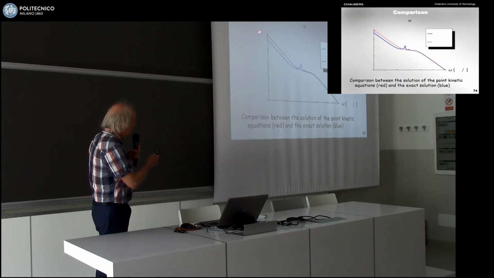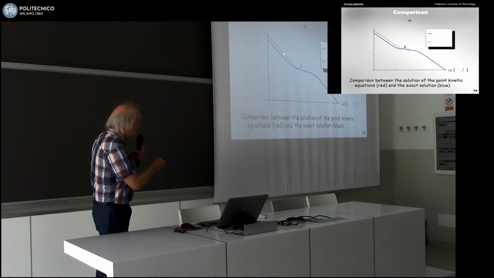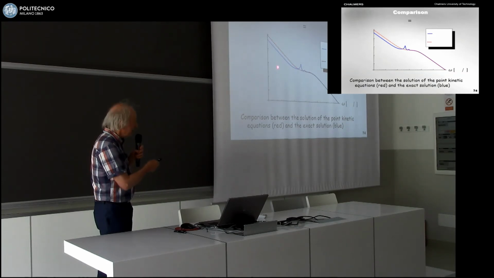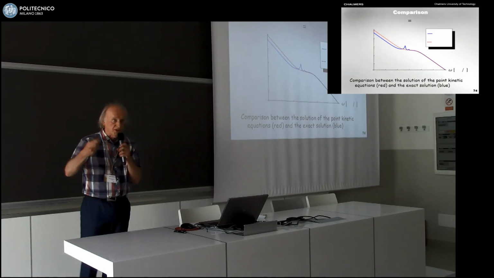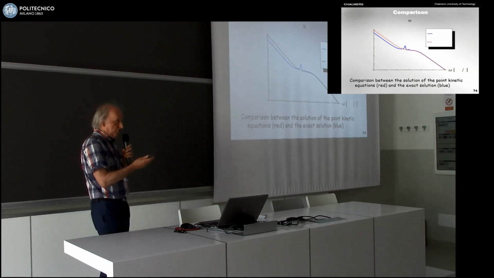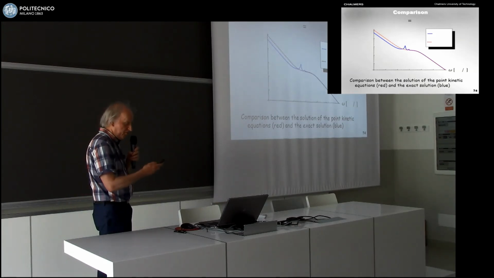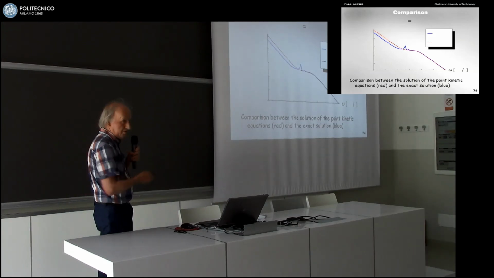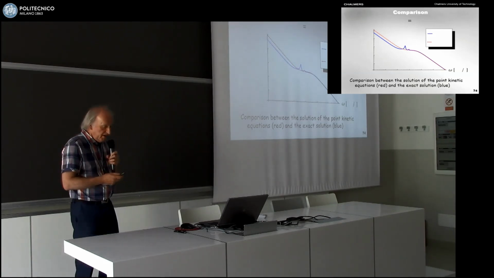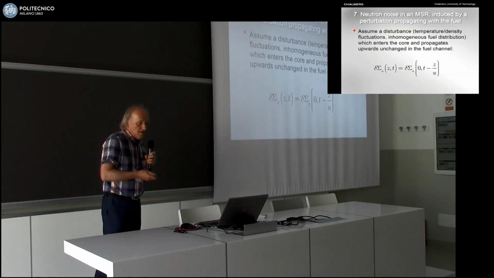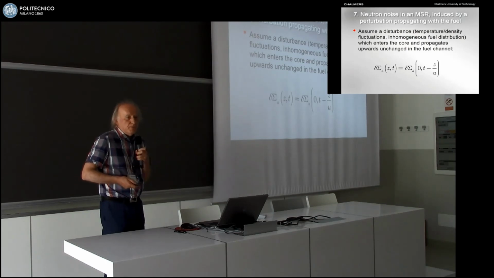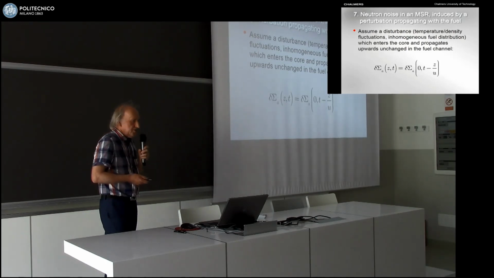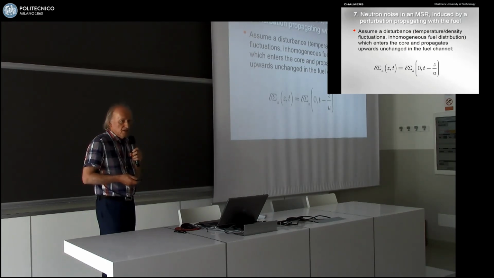Then one will get a behavior which is described by this dotted line. It doesn't account for those recurring peaks. Whereas if you solve the problem fully and then you make the projection, then it will give the correct solution. Now, the last thing is what is the response of a molten salt reactor to a propagating perturbation?